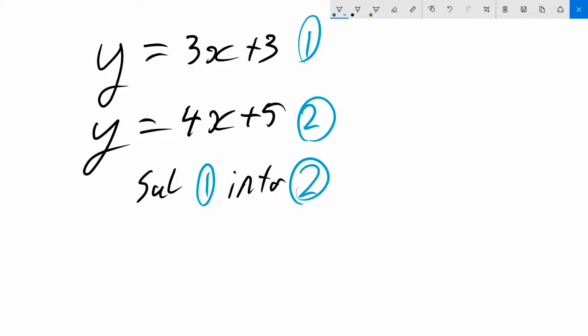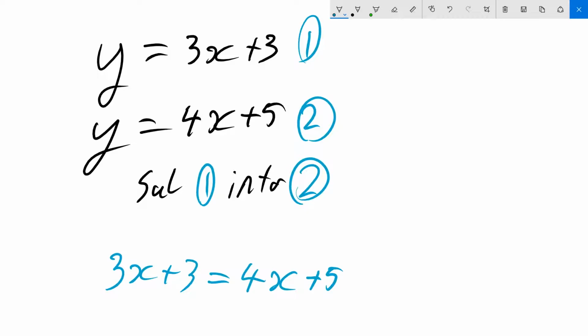What we're doing by subbing equation 1 into equation 2 is that we're basically making them equal each other. This is why it's called a substitution method, because we're subbing one equation to equal y and vice versa. So from here we just solve for x.